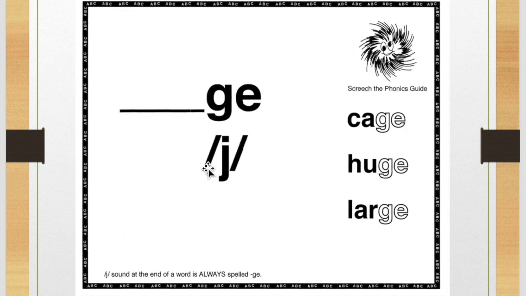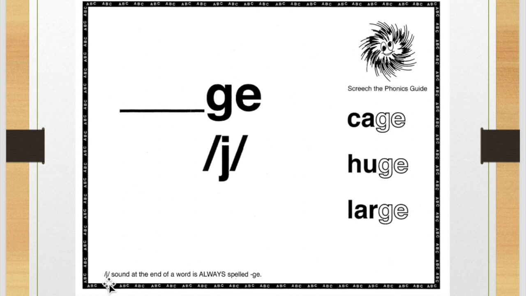But remember how Screech told us it was super tricky at the beginning because it could say either sound, J or G, if it's followed by an E, I, or Y? Well, today we're going to talk about that sound at the end of the word, okay?